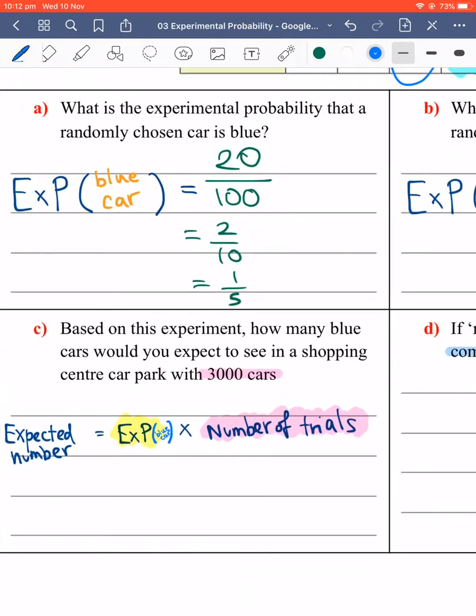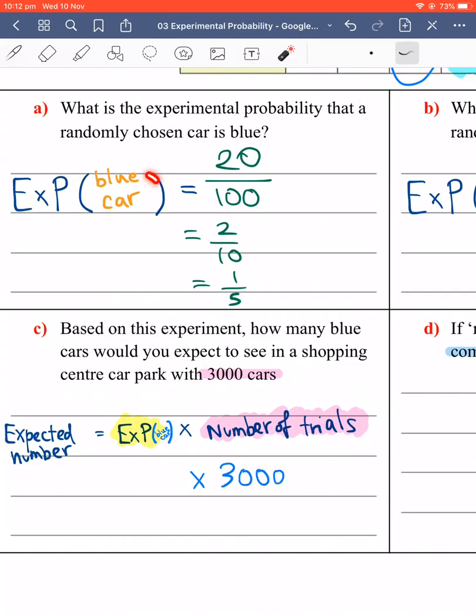Next one, based on the experiment. So based on the data we have, how many cars would you expect to see in the shopping centre car park if there were 3,000 cars? So now what we're doing is we're scaling it up. So 3,000 cars, that's the number of trials that we are now multiplying by.